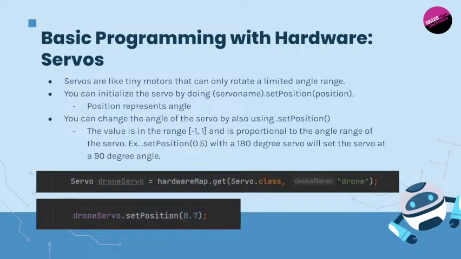You can change the angle of the servo by using dot setPosition. Like a motor, the range you can set is proportional to the angle of the servo. So if you have a servo with a limited range of 360 degrees, which is one rotation, then if you do setPosition 0.5, it's going to go to 180 degrees, which is half of it.